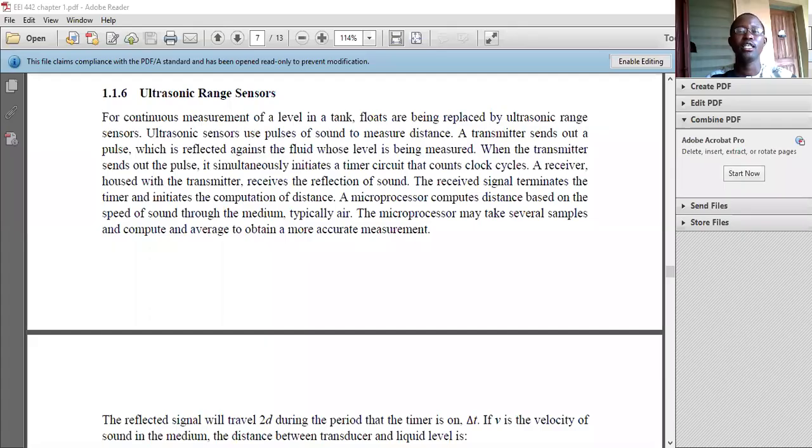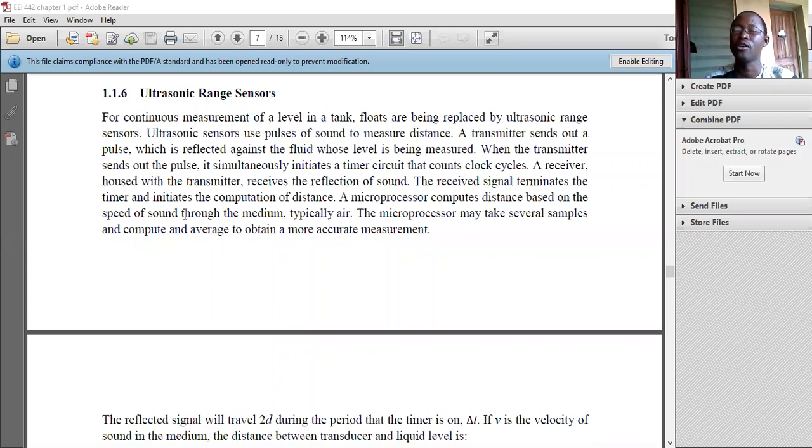So today we are moving on to the next transducer, that is the ultrasonic range sensor. Pay attention now to the class and see my note on the screen. To measure the level in a tank, a flow transducer can be used.